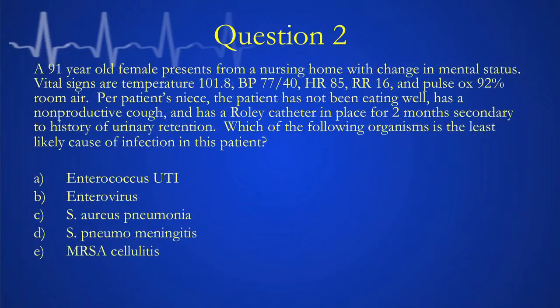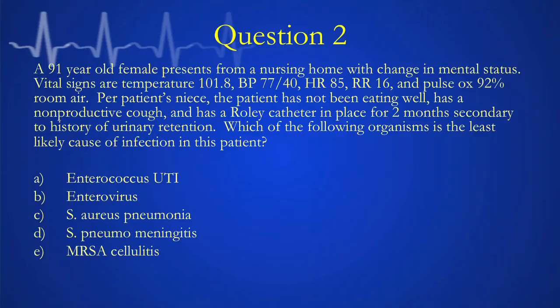Okay, question 2. A 91-year-old female presents from a nursing home with change in mental status. Vital signs are temp 101.8, blood pressure 77/40, heart rate 85, respiratory rate 16, and pulse ox 92% on room air. The patient's niece tells you the patient hasn't been eating well, has a non-productive cough, and has had a Foley catheter in place for 2 months. Which of the following organisms is the least likely cause of infection in this patient?